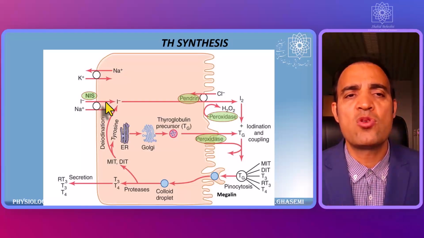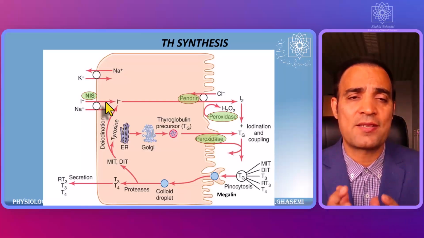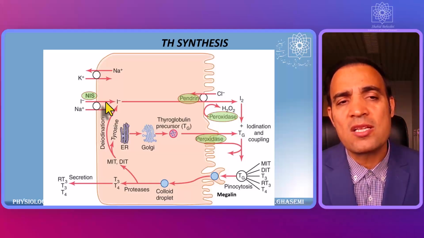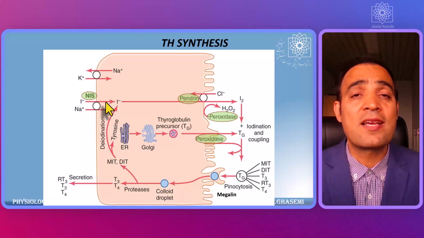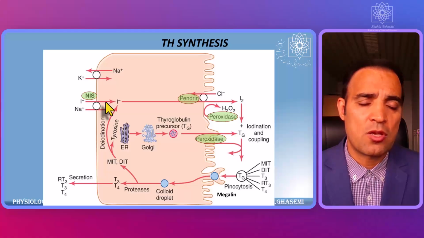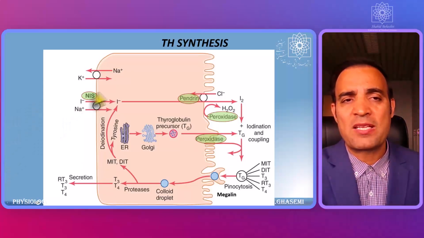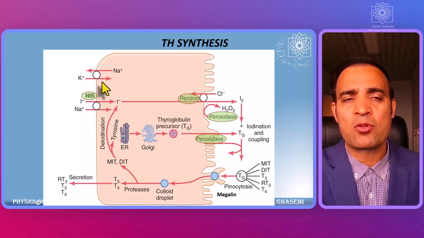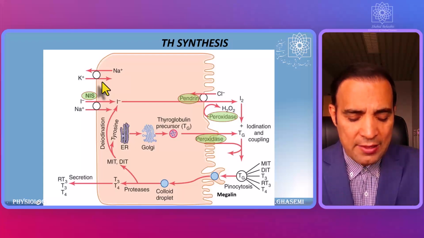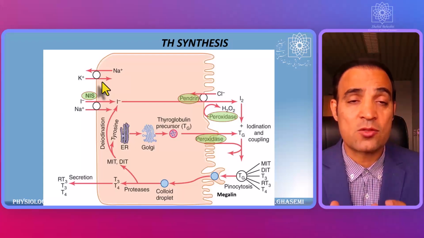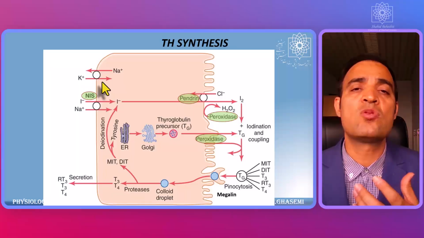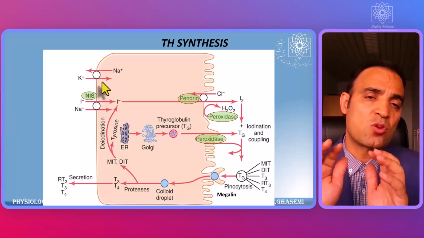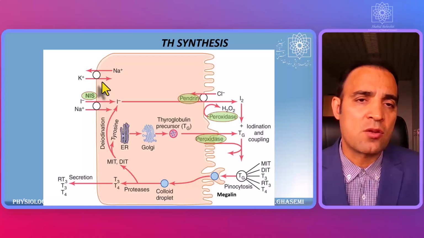If I want to show you in the thyroid gland cells, iodide uptake takes place through a secondary active mechanism. Have a look at the basolateral membrane. Sodium and potassium are exchanged, and sodium is concentrated by the sodium potassium ATPase pump. This uses energy. Therefore, the sodium concentration inside the cell is low.